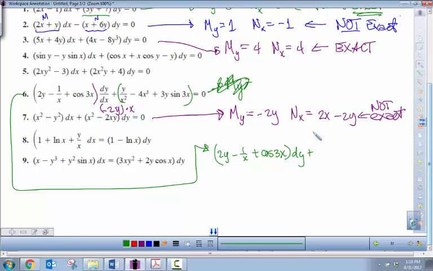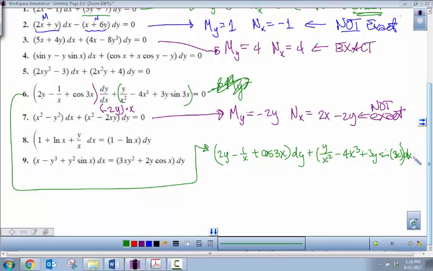So I need to be aware of that when I assign my M and my N. I have y over x squared minus 4x cubed plus 3y sine 3x dx equal to 0. Should I rewrite it so that dx is first?